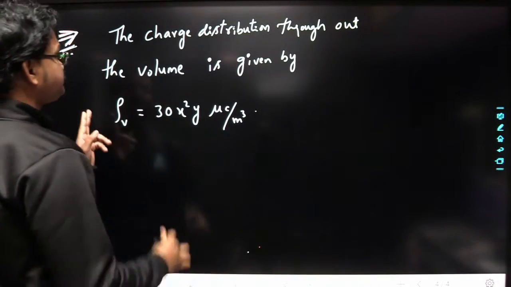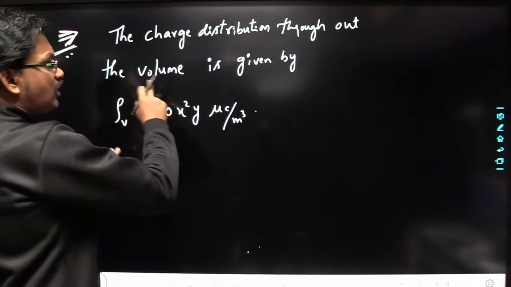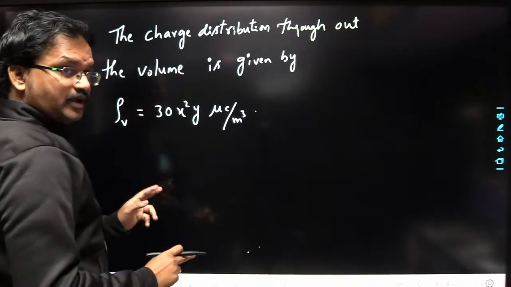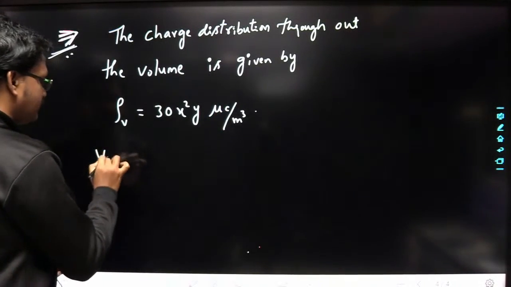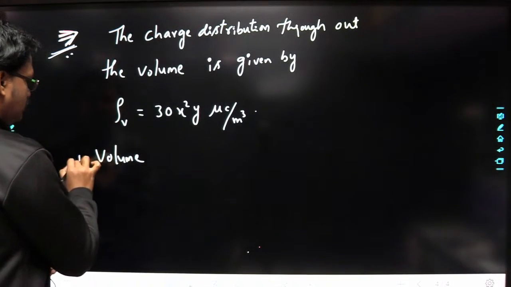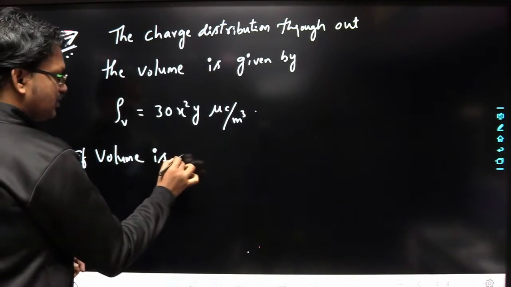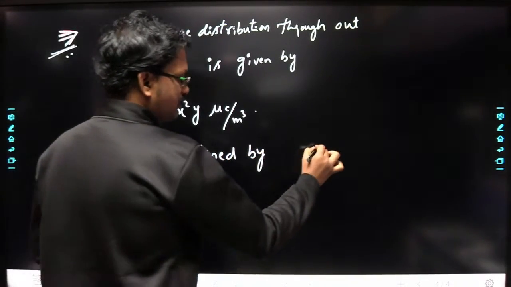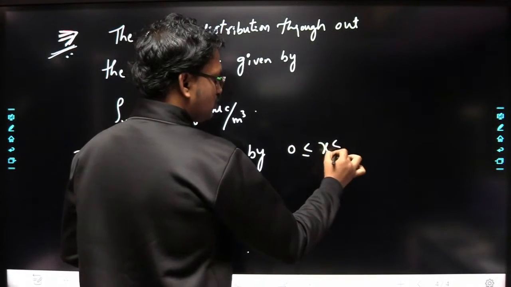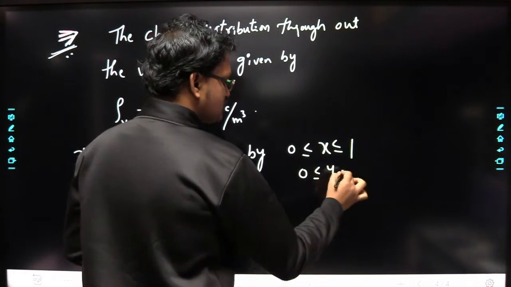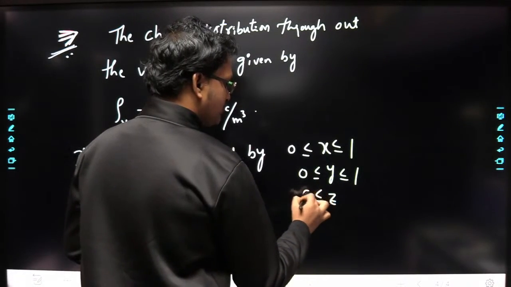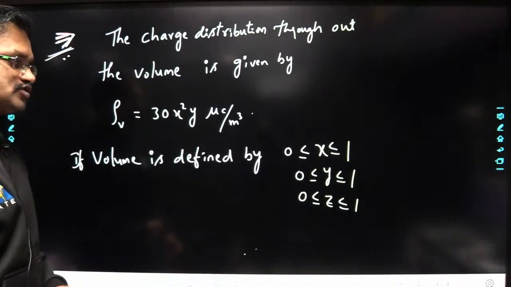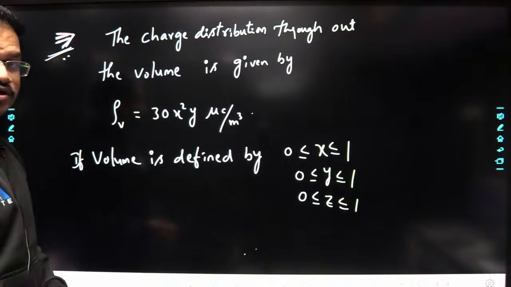And the charge distribution throughout the volume is given by rho v is equal to 30 x square y microcoulomb per meter cube, and the volume is defined by x varying from 0 to 1, y varying from 0 to 1, and z also varying from 0 to 1.